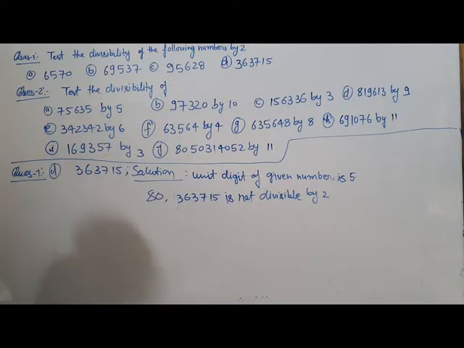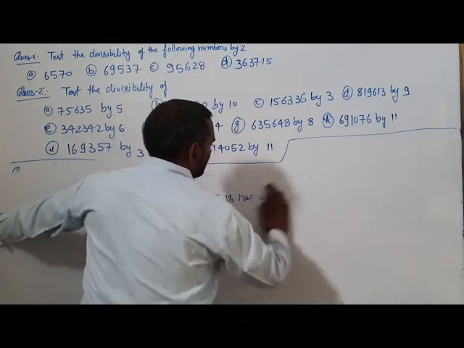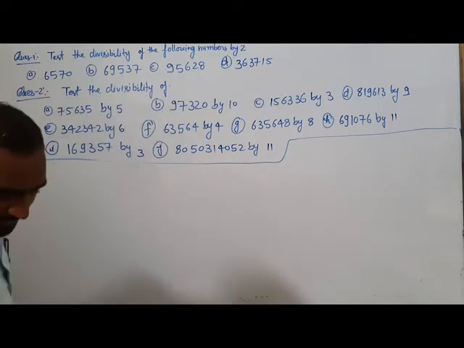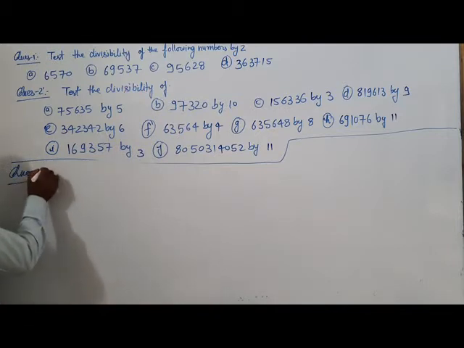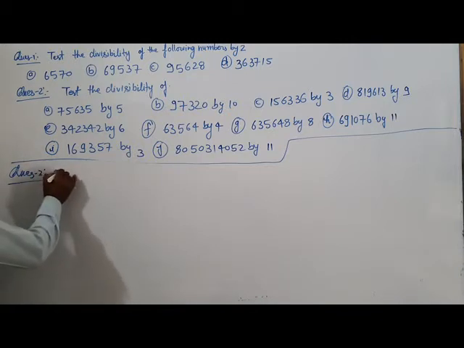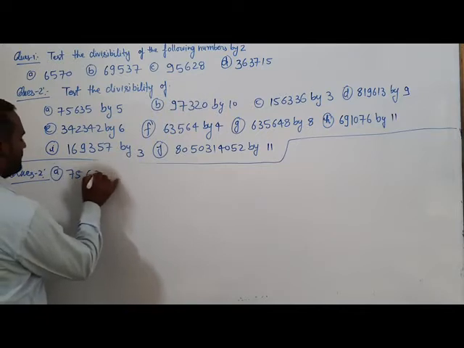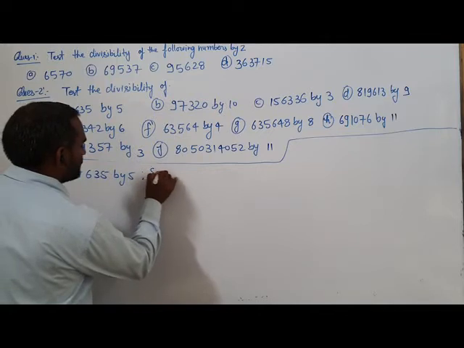Now we have to solve question number second. Test the divisibility of the following. So question second, here 75,635 by 5. Solution.